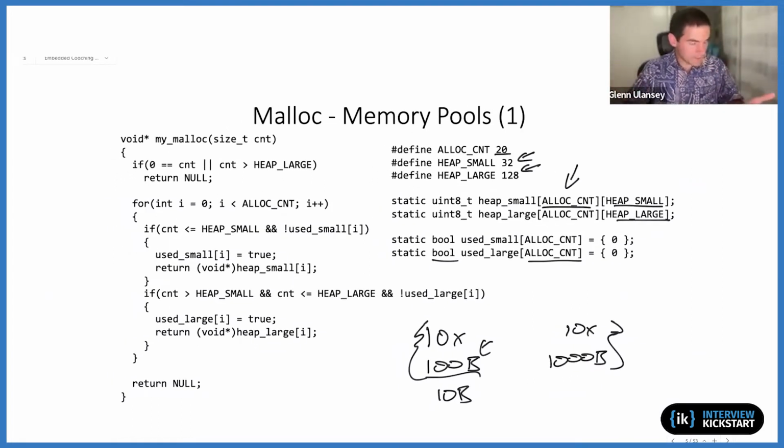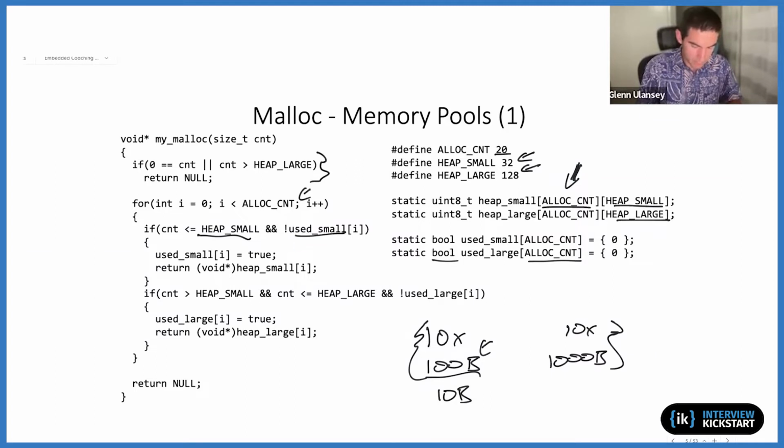The implementation of malloc is hopefully fairly self-explanatory here. First, we make sure that the requested size isn't larger than our largest pool, because we can't possibly support it. We return null. And then we iterate over each entry in our pool, checking whether, well, first, is it a small size?